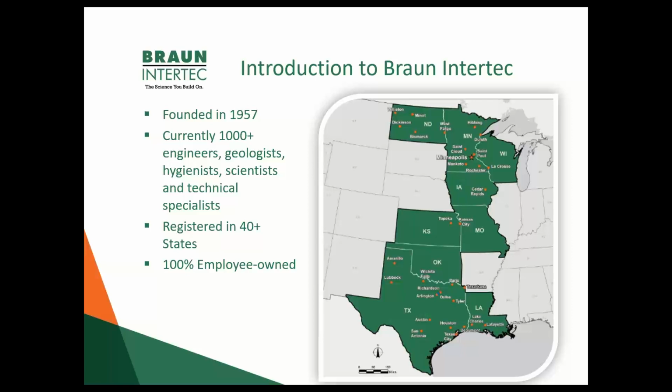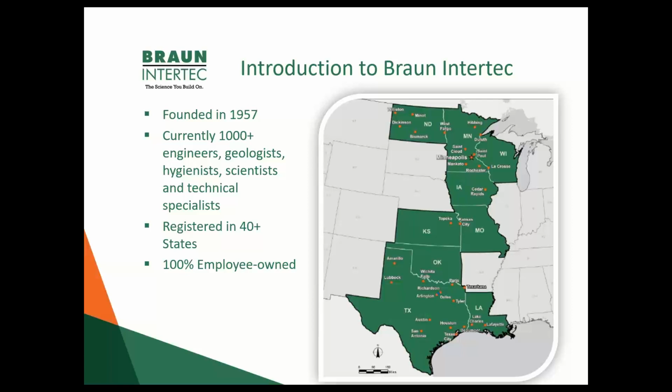So Braun Intertec. W&M is an important partner of Braun Intertec. We are all one big, I would say, happy family. We are one big company. Braun Intertec was founded in 1957, and we currently employ over 1,000 engineers, geologists, industrial hygienists, scientists, and other technical specialists across our company.